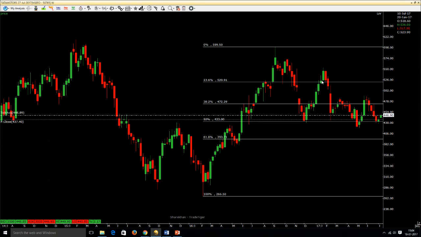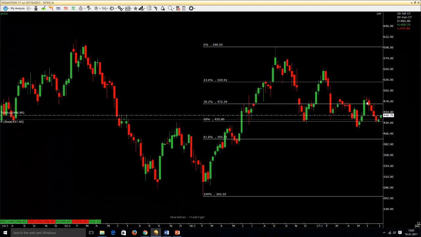to 23.6% retracement. It tries to break it, but couldn't do it. So then again, it becomes its downward journey. Then again, it finds its support at the 50% retracement level. Then it goes to 472. It finds the resistance at 38.2. Then it goes back to the 50% retracement level where it finds the support.